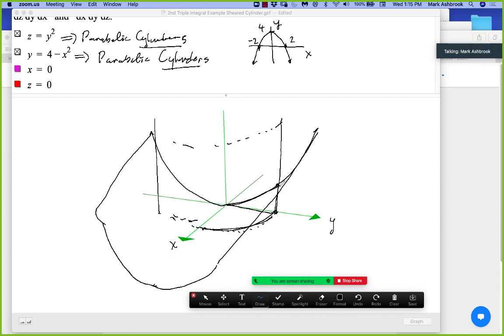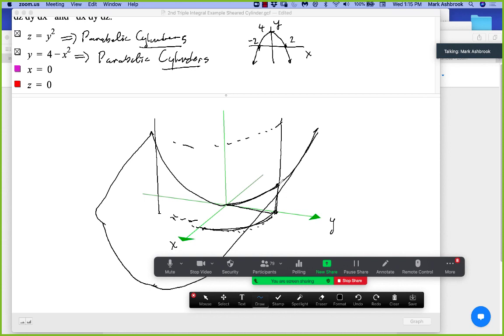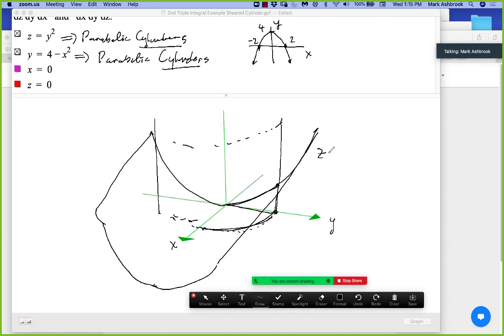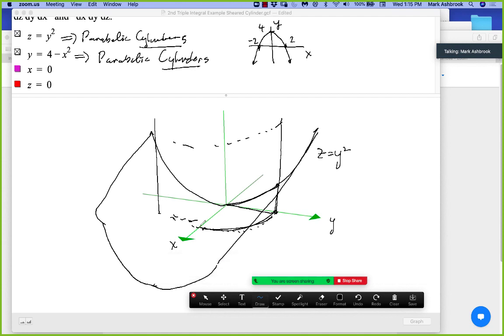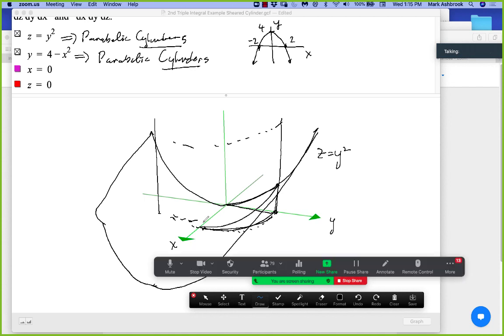And then from here, you got to imagine cutting, like a knife cutting down on this. It's going to make a cut like this on z equals y squared. Imagine cutting downward with this cylinder onto z equals y squared, and you're going to get an edge like this. And now it's starting to take form.